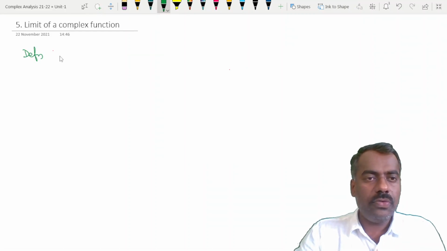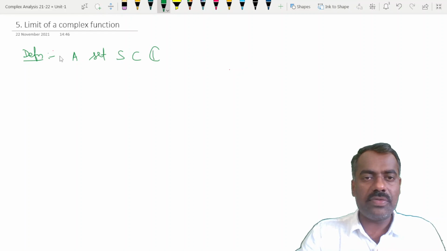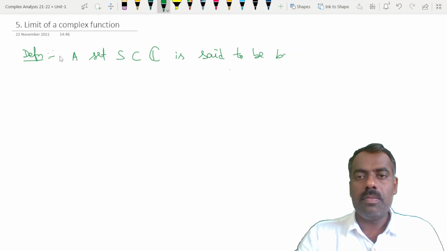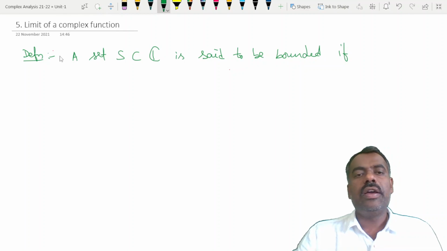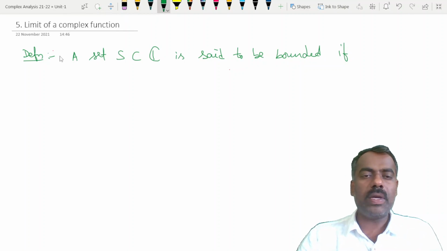So there are a few more basic definitions. We say that a set S, which is a subset of C, is said to be bounded if we can find a circle such that this S lies completely inside that circle.